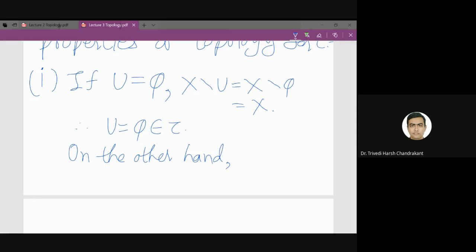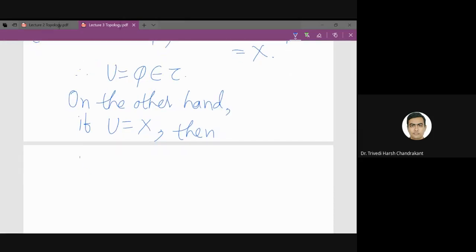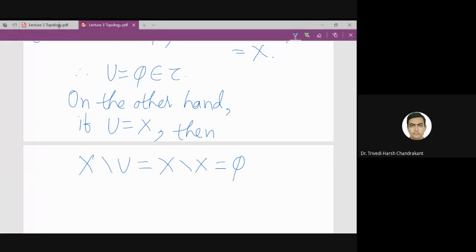On the other hand, let us check whether x belongs to tau or not. So if I take u equal to x, then what is x minus u? X minus u is x minus x, so that is x complement, which is nothing but phi. Now, what is the definition of a finite set?